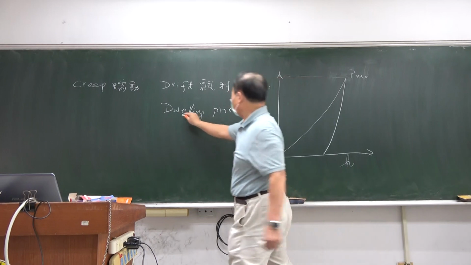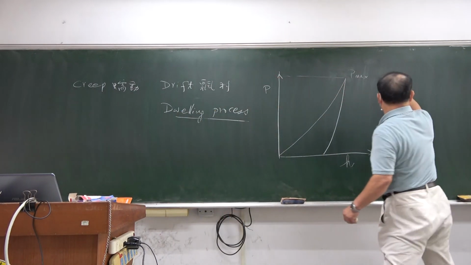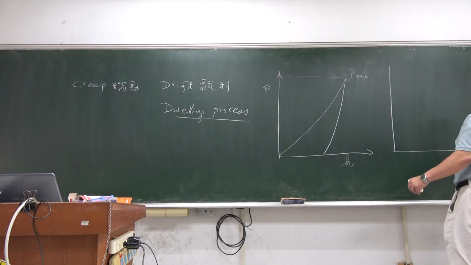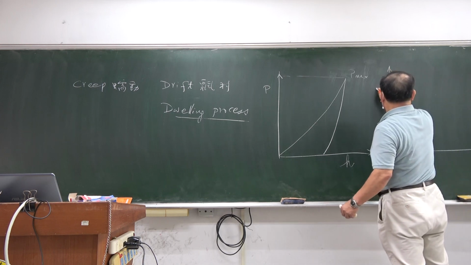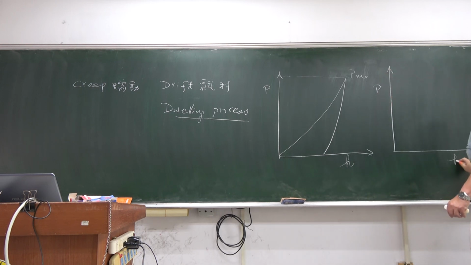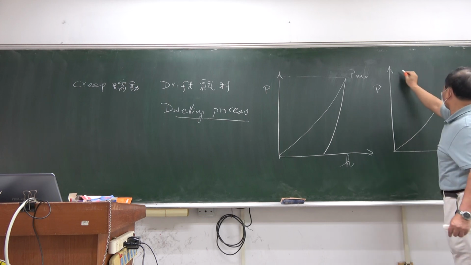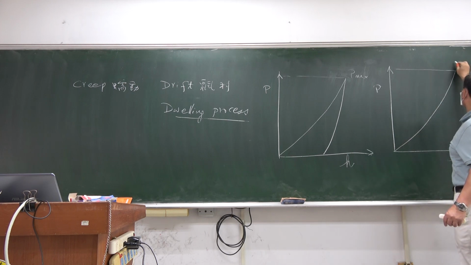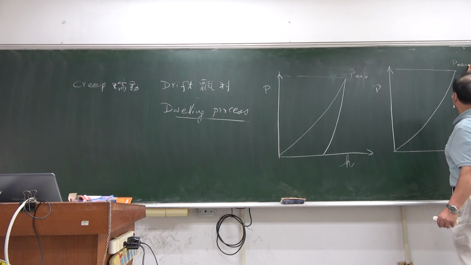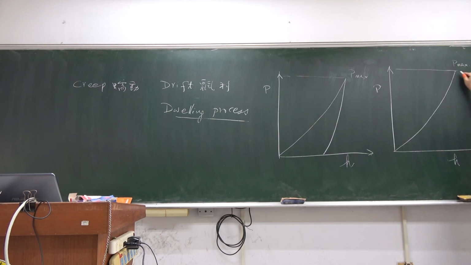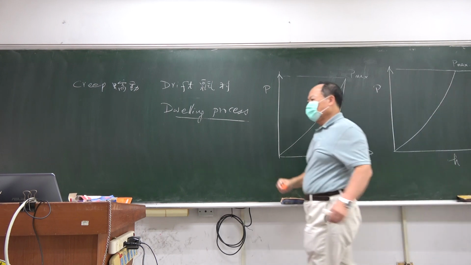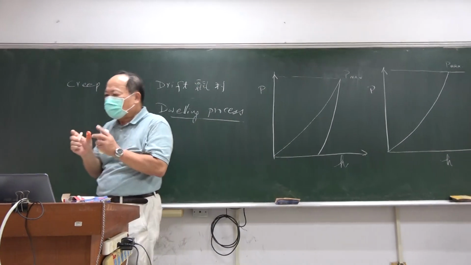But what does dwelling mean? Dwelling looks like this one. P, h. We have the loading process, and then up to the P maximum, meaning the maximum load is set. We hold this maximum load for a period of time.